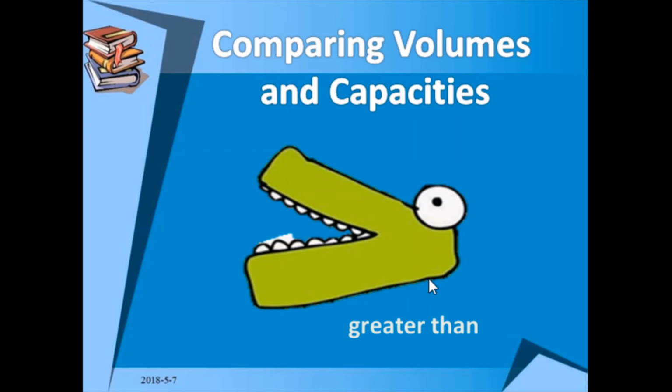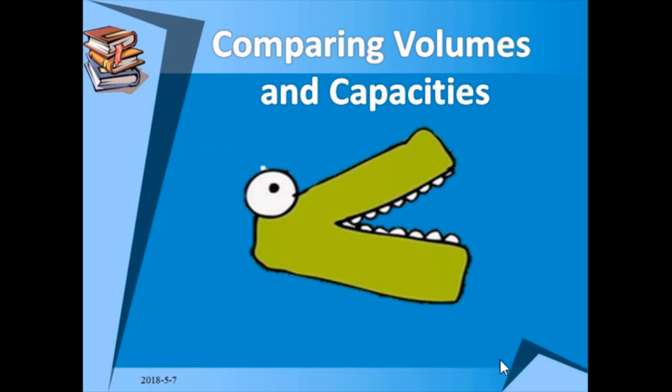If we have greater than, we also have this one. The mouth facing to your left. What symbol is it called? Good job. It's called less than. Great job. Less than refers to smaller amounts or fewer amounts.